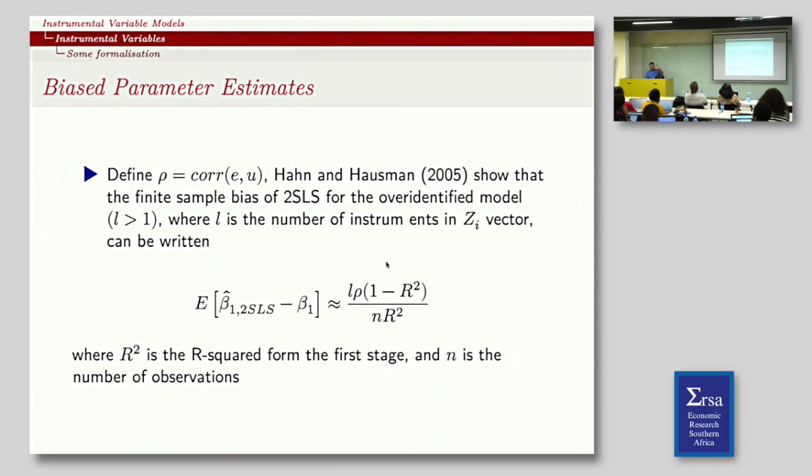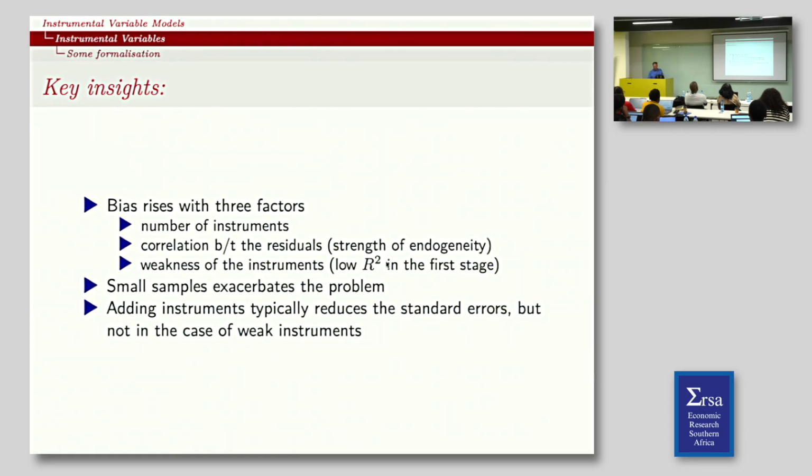There's another way to describe the bias. I'll skip past that, but let's just summarize it briefly here. The bias rises with the number of instruments. It rises with the correlation between the residuals. So if the relationship between X and Z is noisy, the noisier that is, and that's correlated with the first stage endogeneity, that increases the bias, and of course, weakness of the instruments.